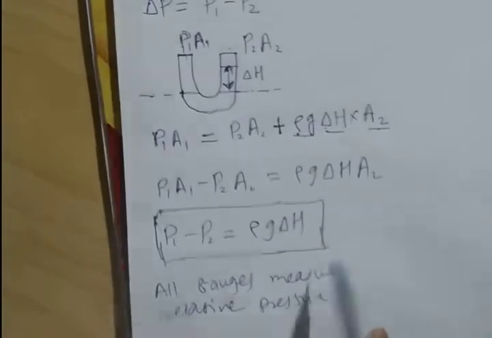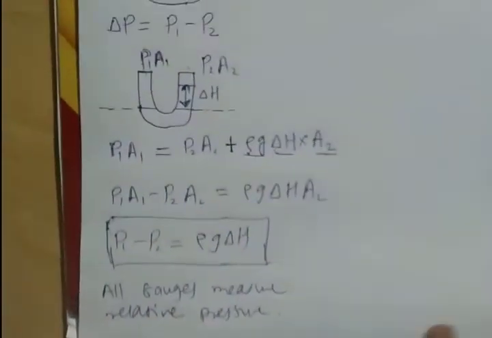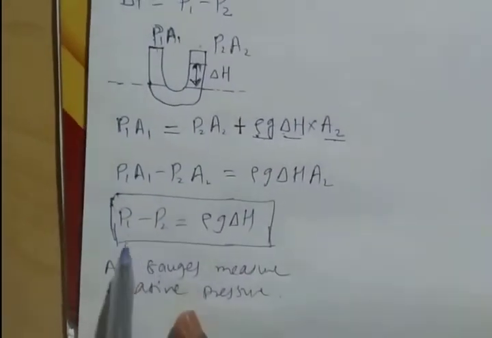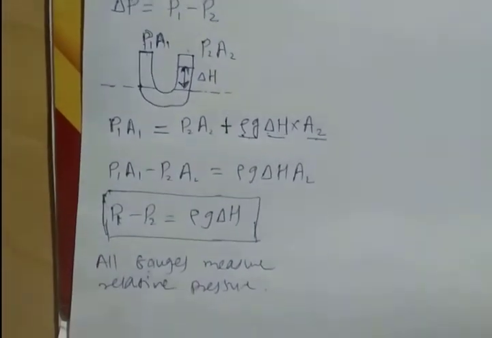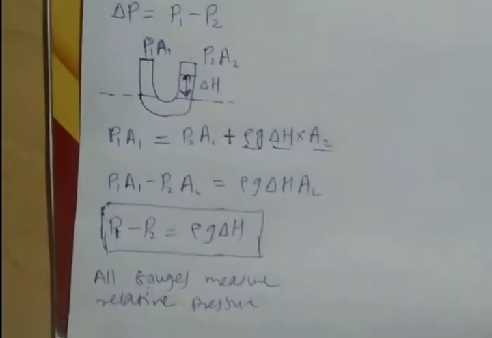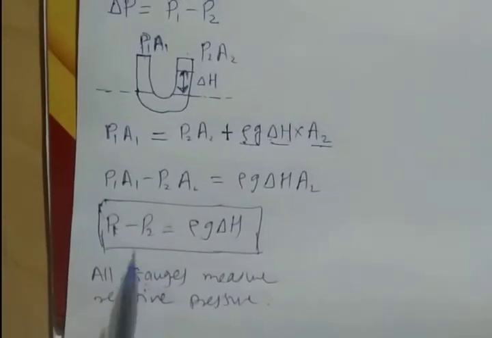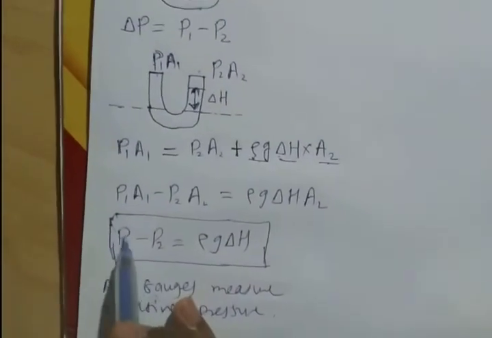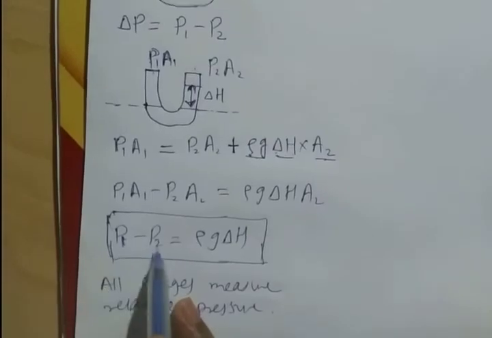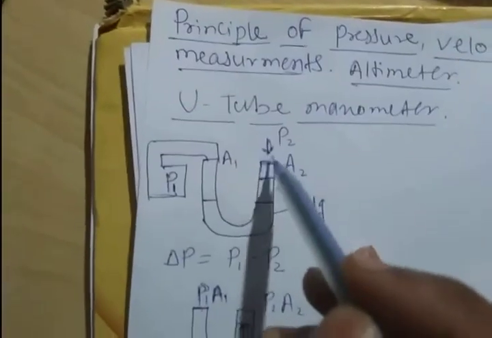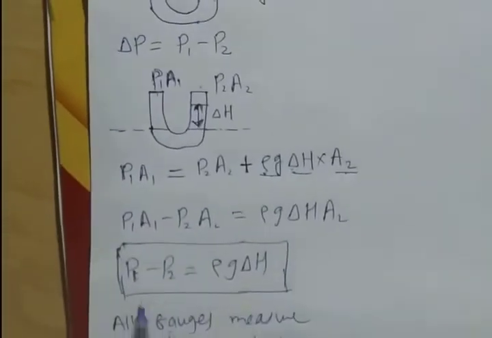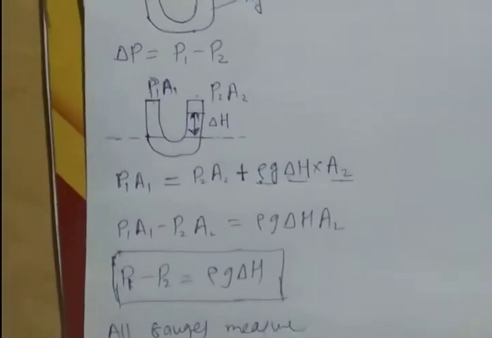So if in a question it is given the gauge pressure, it will be equal to P1 minus P2, that is absolute pressure minus atmospheric pressure. Let's say P1 is the absolute pressure and P2 is the atmospheric pressure applied on this side. So rho g h will be equal to the relative pressure or gauge pressure.